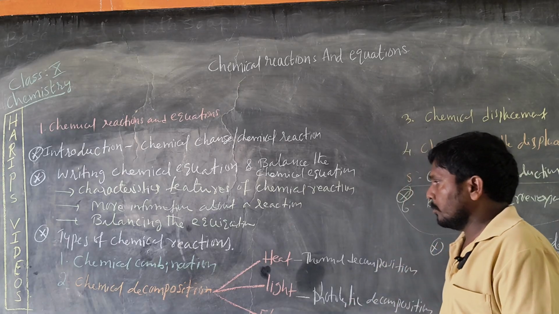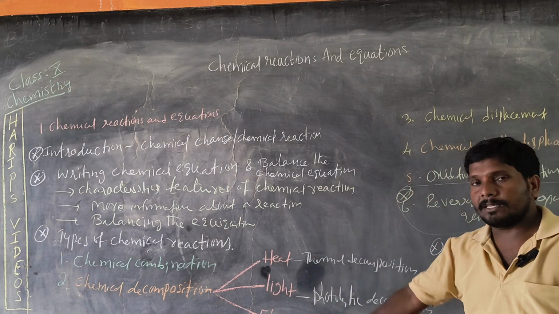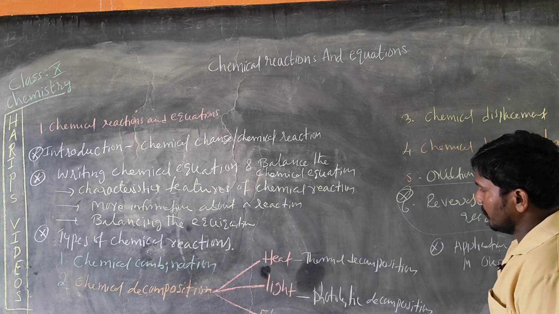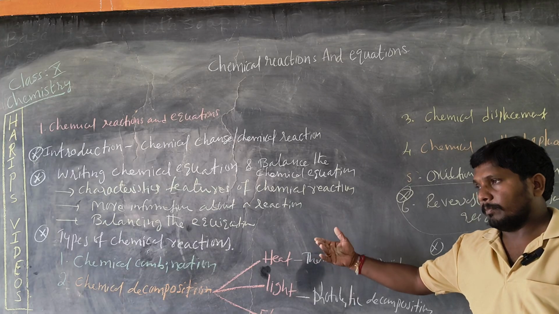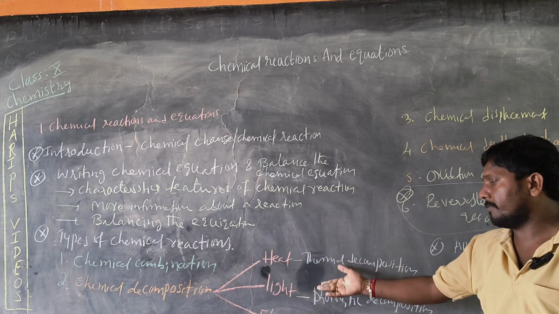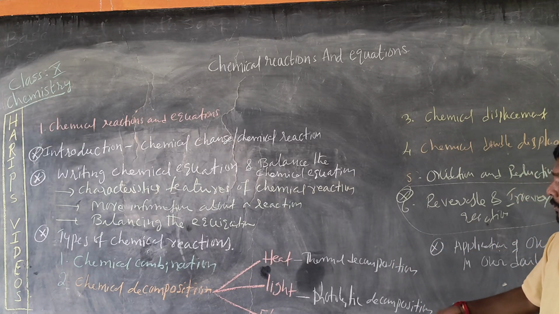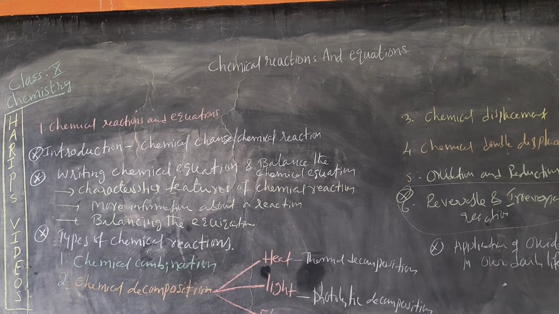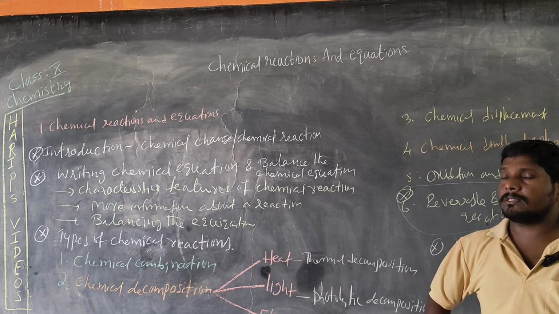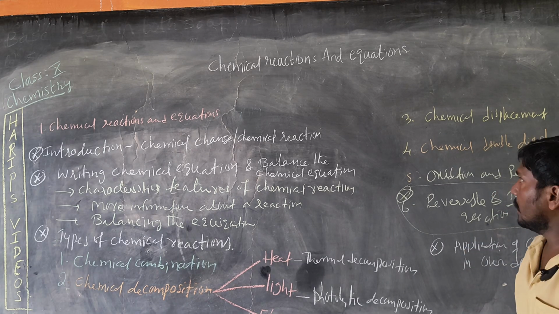Then chemical decomposition takes place by three methods: the presence of heat, the presence of light, the presence of electricity. Thermal decomposition, photolytic decomposition or photochemical reaction, electrolysis or electrolytic decomposition.